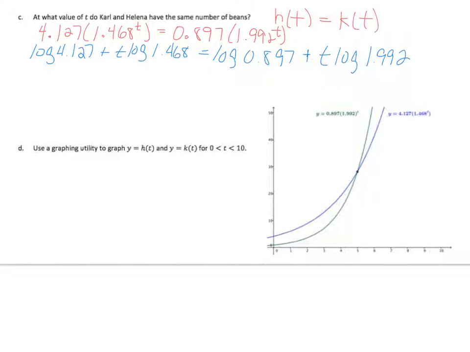Cool? Now I'm going to move the t's to one side and the logs of the constants to the other. We'll keep the logs of the constants on the left for some reason, because that's what I picked.